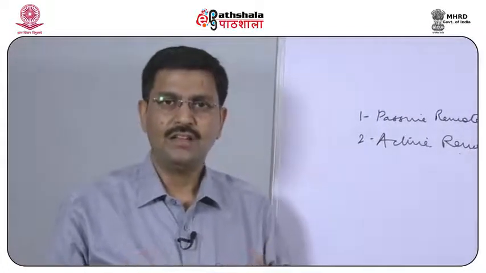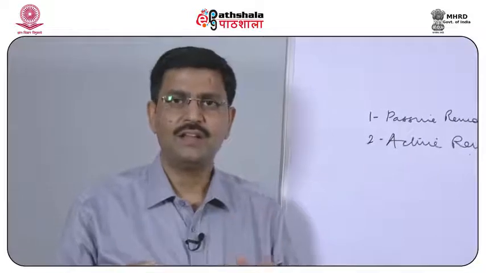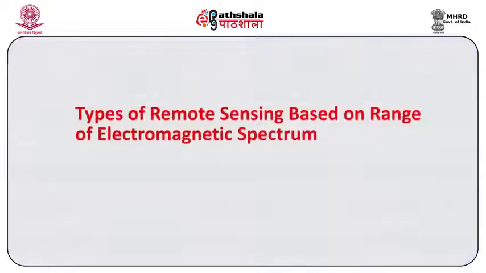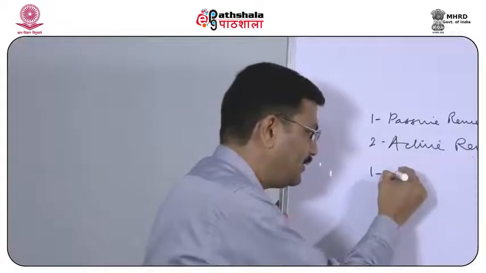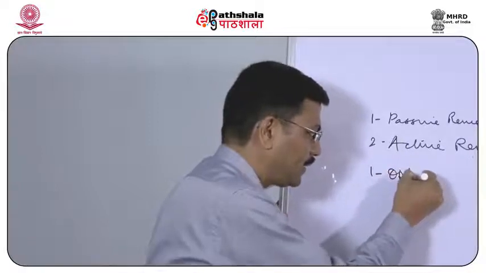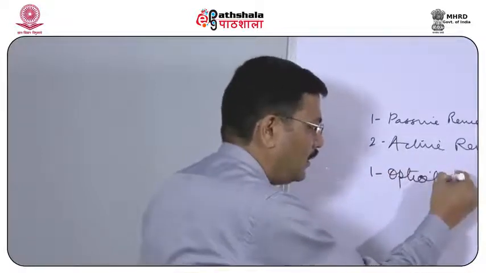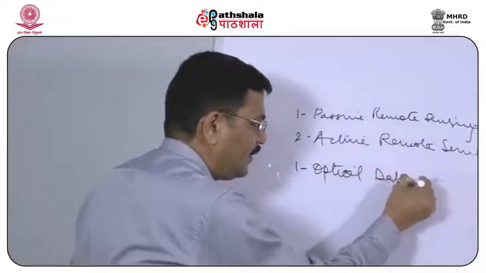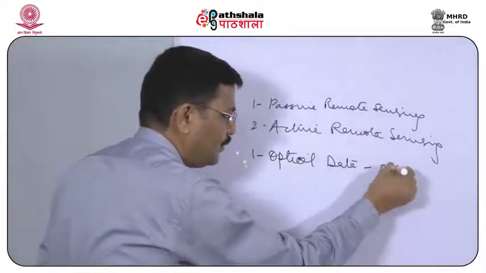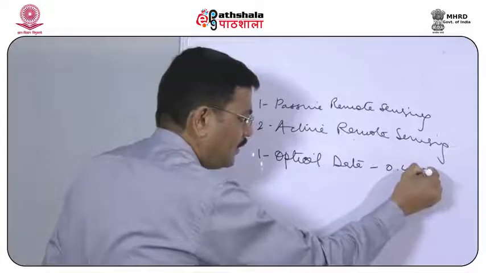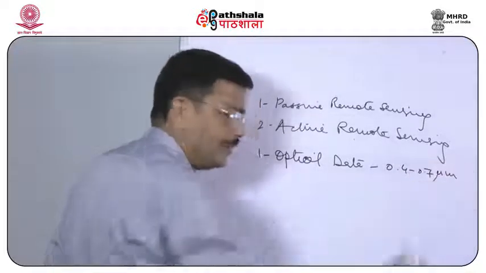Now let us see the detail about the satellite data sets which are being used for geological studies. For that we can classify into four classes. First, the optical data, which is sensed in the region somewhere between 0.4 to 0.7 micrometer.